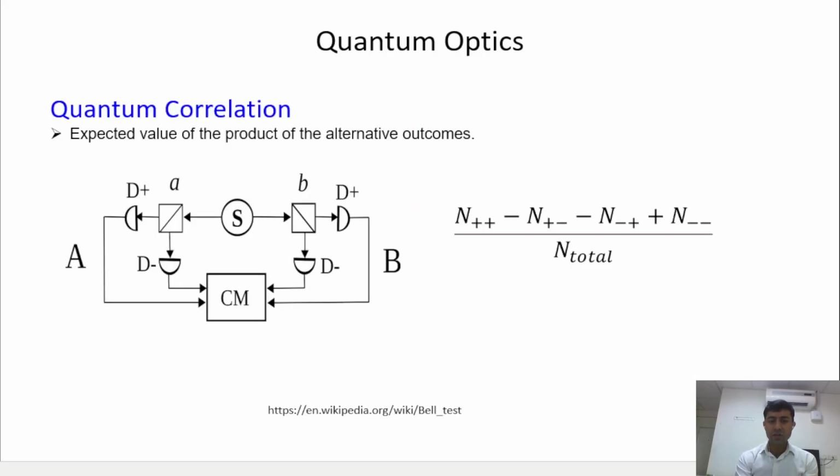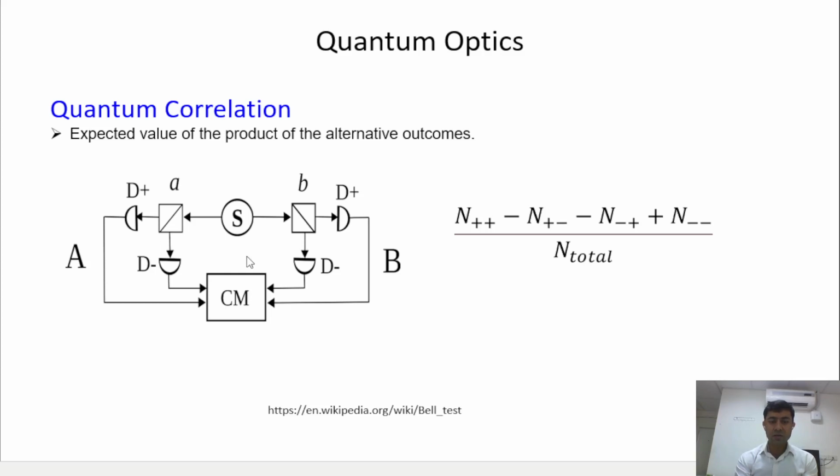If we are interested in knowing how these photons interact with atoms and molecules, we should focus on quantum optics. Quantum correlation is the expected value of the product of alternative outcomes.